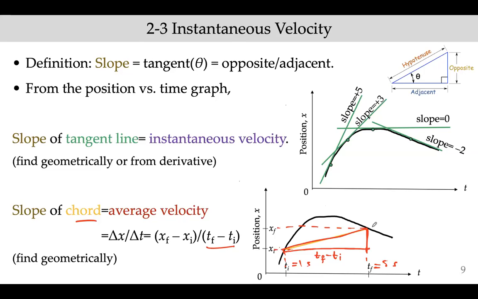So this is x final and this is x initial. So this distance is going to be x final minus x initial. And how do you find the slope of the chord? You find it geometrically. So you don't use derivatives here or anything else.